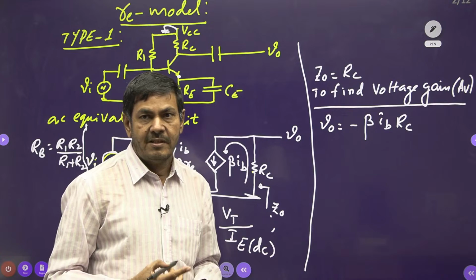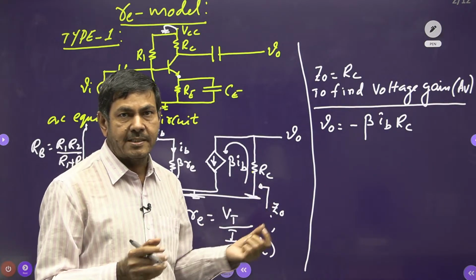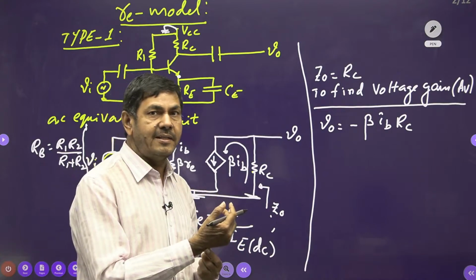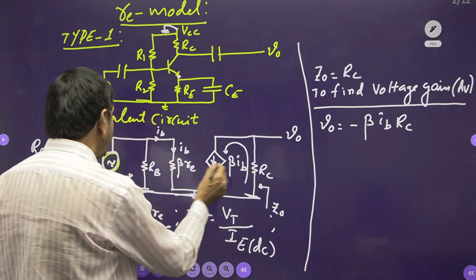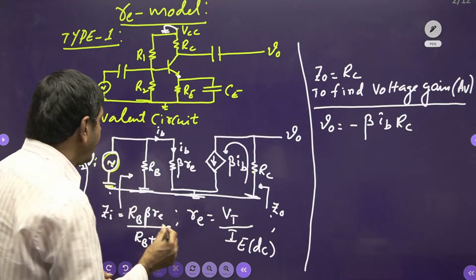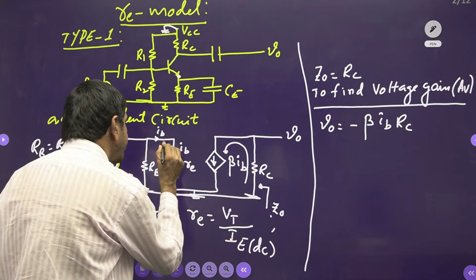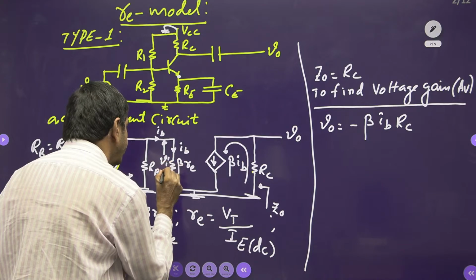Once you get the base current, you can determine the voltage gain. Voltage gain is output voltage by input voltage, that is V naught by Vi. How will I take it? You watch here. These are all connected in parallel, so the voltage across beta into Re is Vi itself.